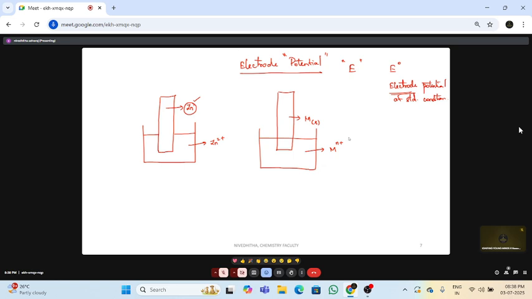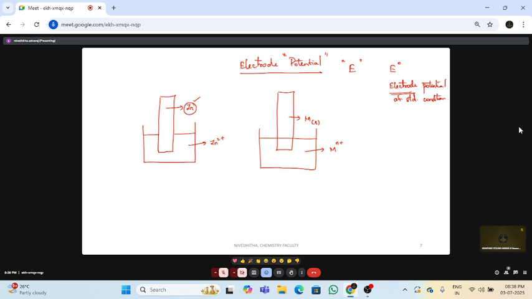If it is copper, then the ion should be Cu2+. Copper 2 plus, that's it. If I'm dipping silver metal, then what should be the ion inside the solution? Ag+. Okay, very good.